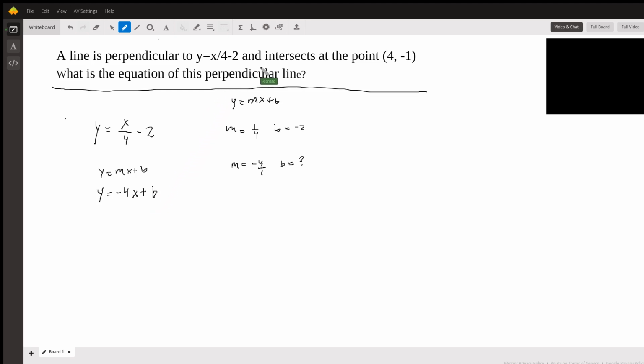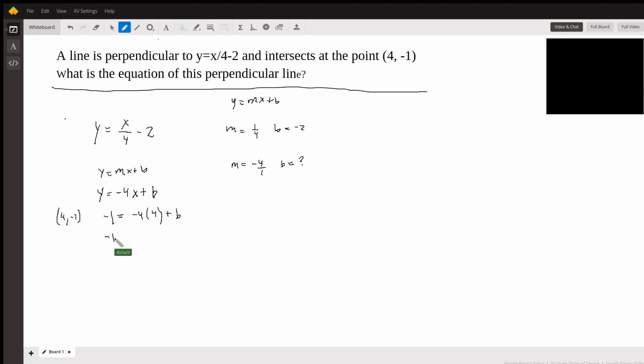To evaluate b, we're going to take this point 4, -1, and then we're going to just plug it into the equation. So y becomes -1, x is 4, plus b.